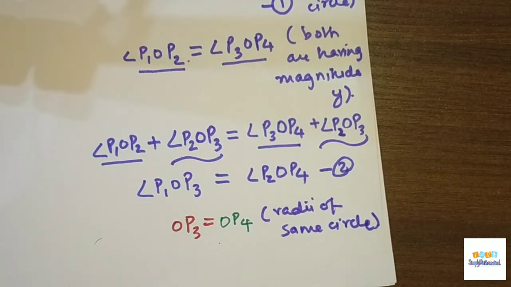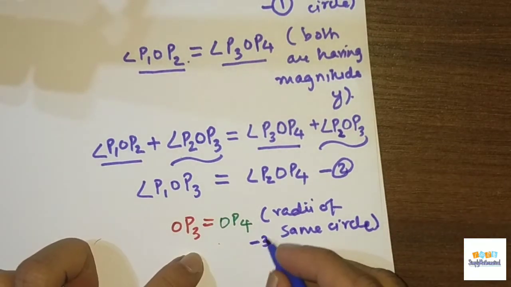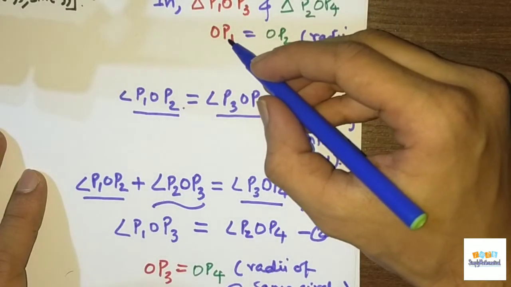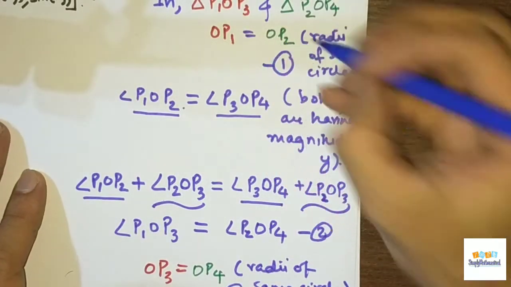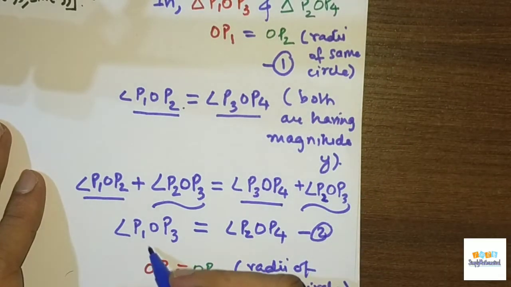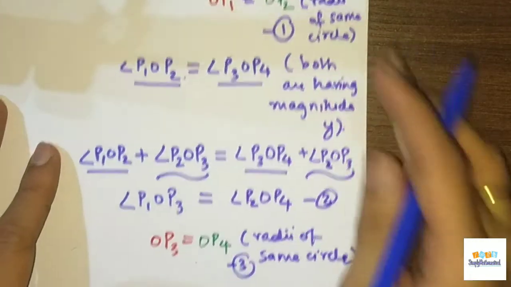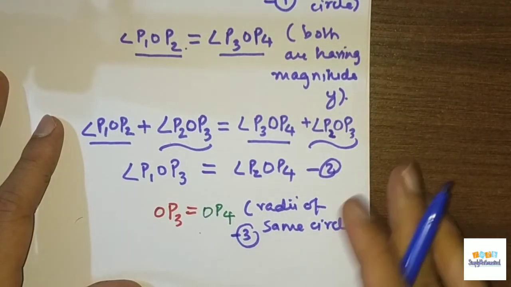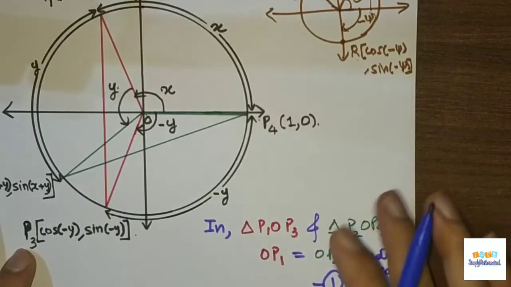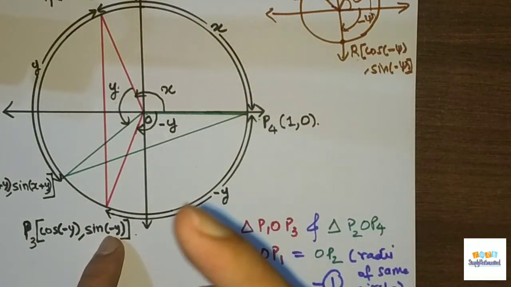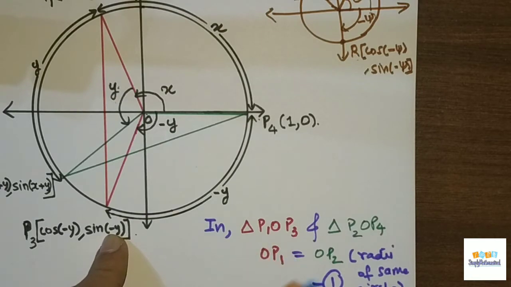Now if we call it 3 here, what we got is: from 1, OP1 equal to OP2; from 2, angle P1OP3 is equal to angle P2OP4; and from 3, OP3 equal to OP4. So you have studied a test in the 10th standard, that is called the SAS test.